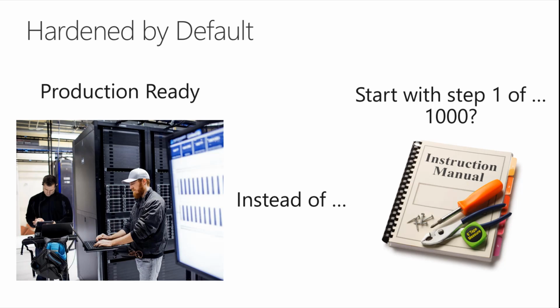Versus when you build a Windows Server, as an example, a Windows Server has some features that lock it down, but there are no STIG policies or templates applied to it, and we don't have to go through hundreds or thousands of steps to lock it down and secure it. We are hardened by default, and we do this in the best interest of our customers.